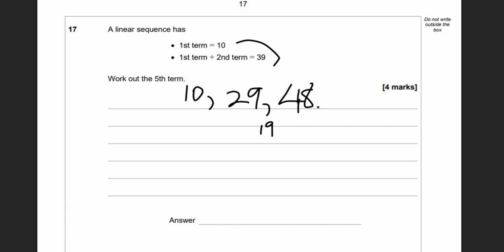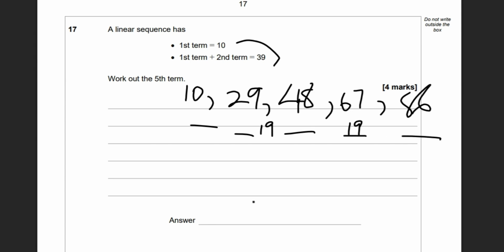Add 19 to 48, that is 67, add 19 to 67, and that will give you 86. So they're asking for the fifth term, 1, 2, 3, 4, and 5. That is 86. We just kept on adding 19.